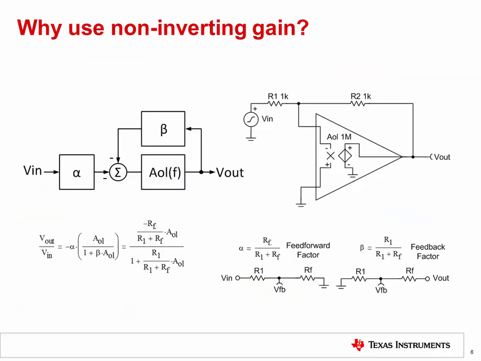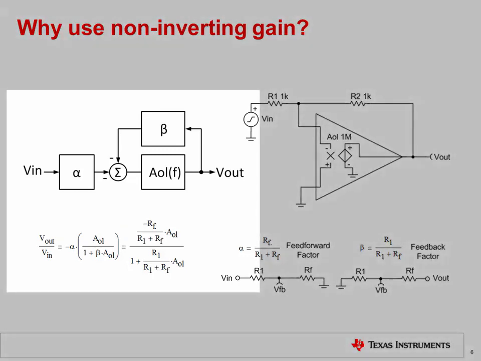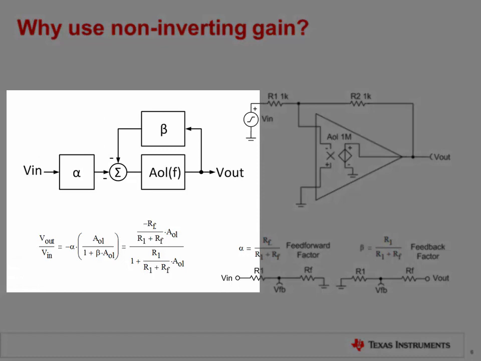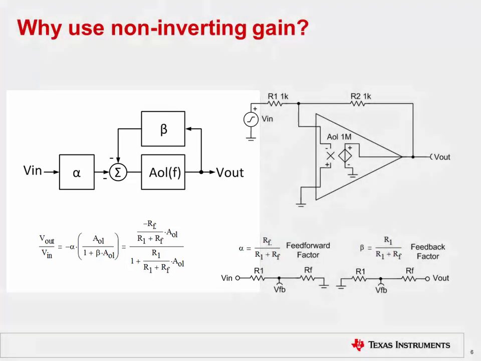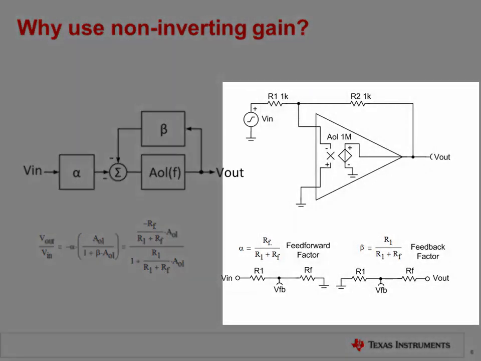On the previous slide, we demonstrated that you always need to use the non-inverting gain, or noise gain, when doing bandwidth calculations. This leads one to wonder what the theoretical basis is for always using noise gain, regardless of circuit configuration. First, let's consider the inverting configuration. The transfer function can be derived using either the control system representation, shown on the left, or the circuit representation on the right.